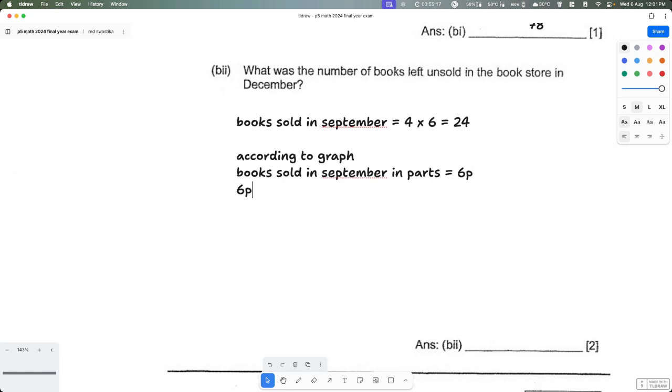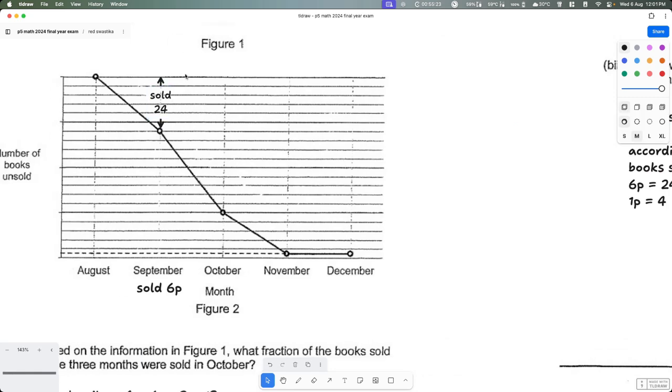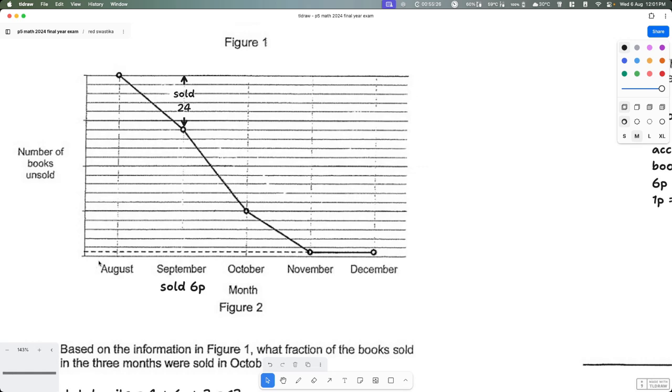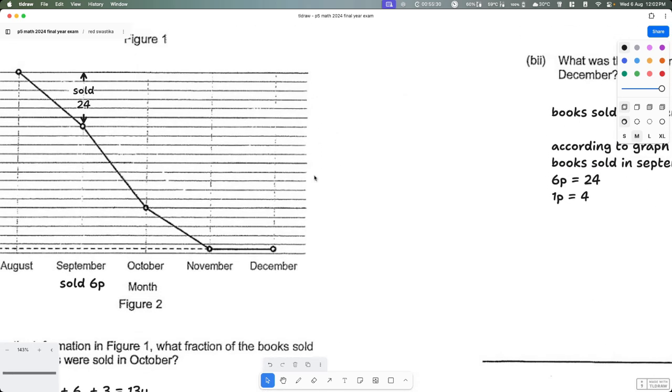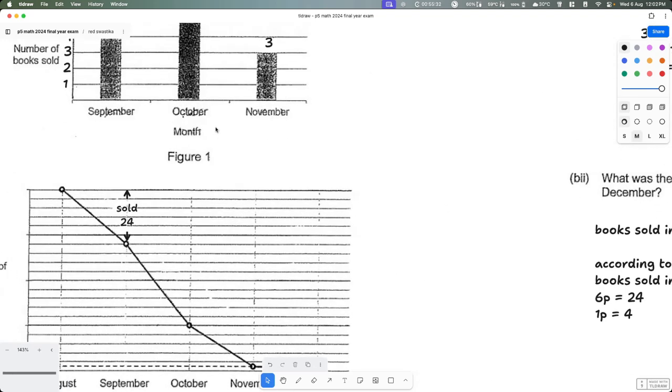So 6p is equal to 24, then 1 part is equal to 4. So we know that 1 part over here is 4. Then what we can do is subtract everything else.